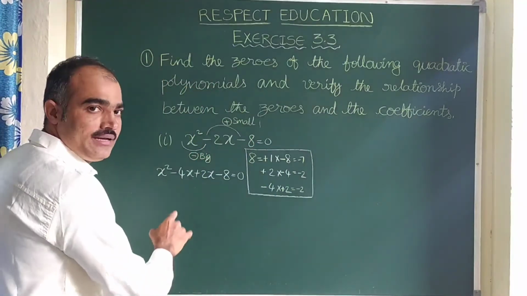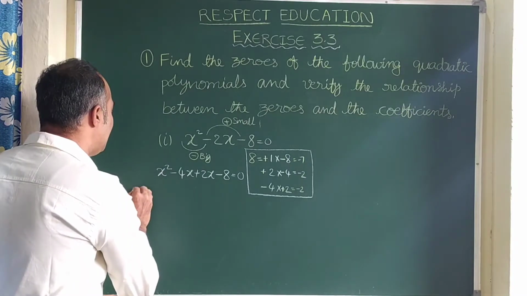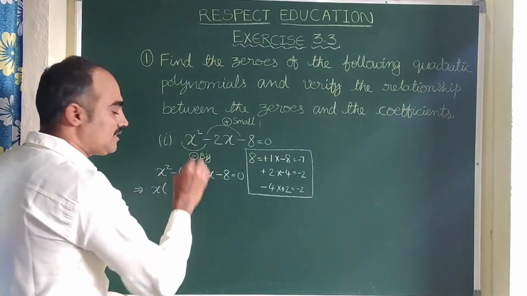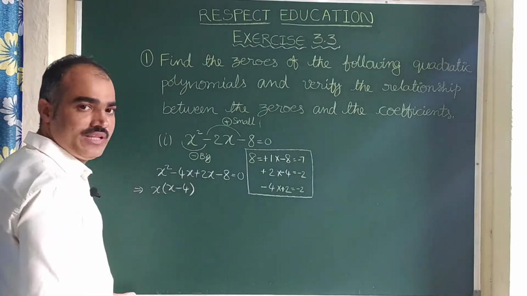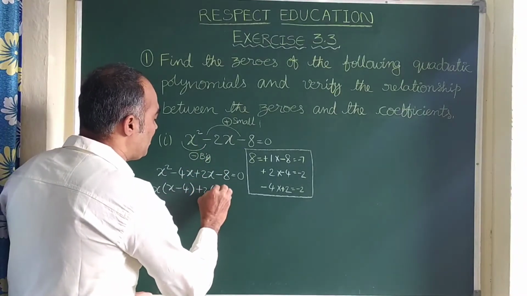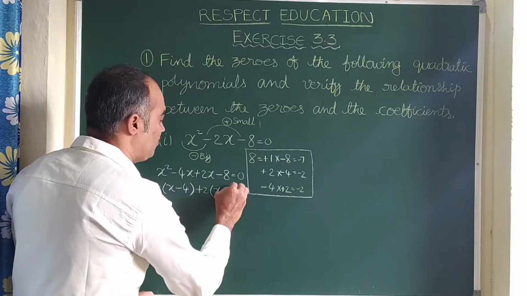Now here there are 4 terms, let us take the common in the first 2 terms. In the first 2 terms x is common, so I am taking x common, x into x minus 4. In these two, 2 is common, so if I take plus 2 common, here I am getting x minus 2 into how much is 8? 2 into 4.